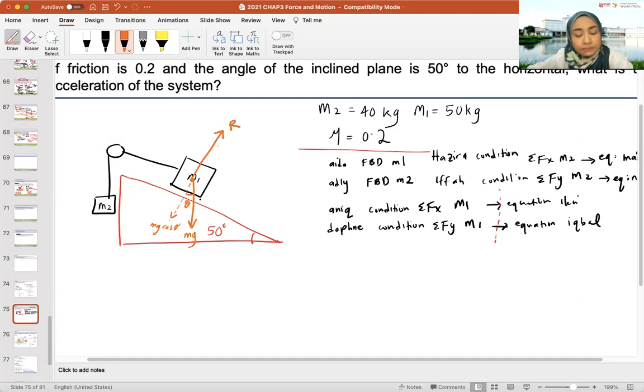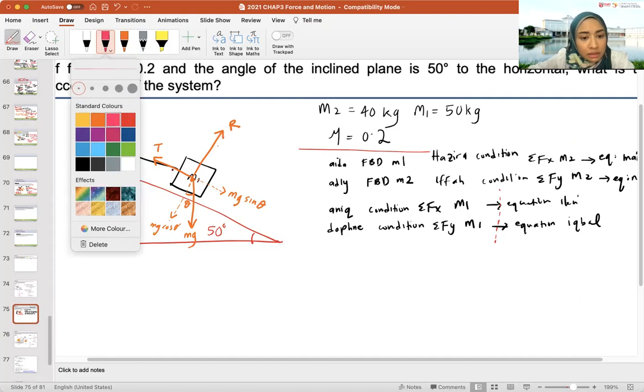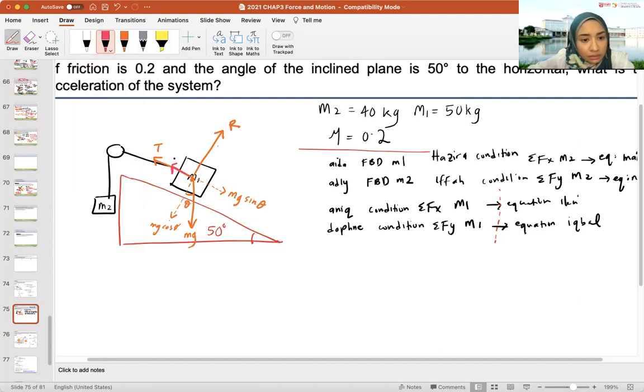And then we have mg sin theta ke kanan. Lepas tu ke kiri kita ada tension force dengan friction force. Okay, so Aida cakap friction force dia ke arah sini. Okay. Kita kena tengok. Okay, jap. What else? Itu saja ke? Okay. Thank you, Aida.